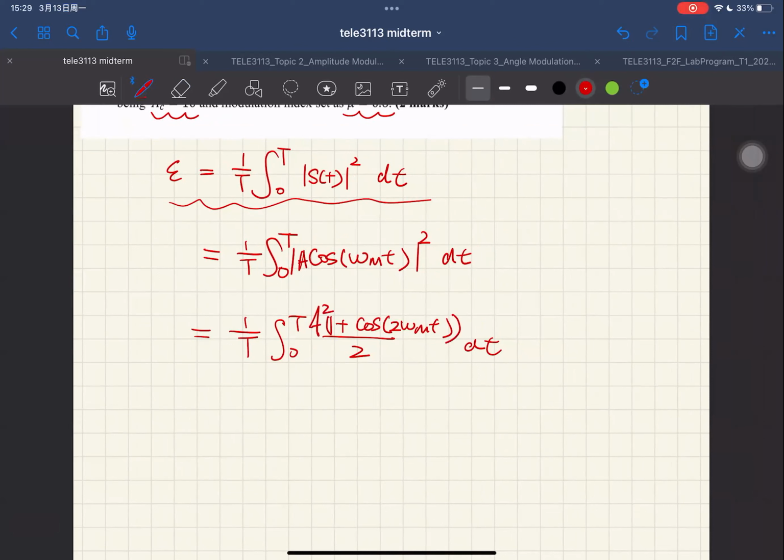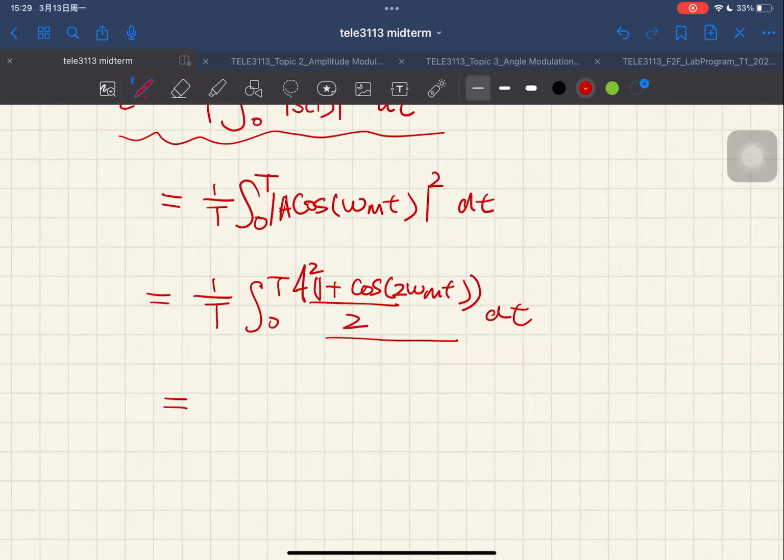If you integrate the cos term, it essentially just gives you T. So you write it as a half times 1 over T times the integral of (1 + cos 2ω_m t) dt.